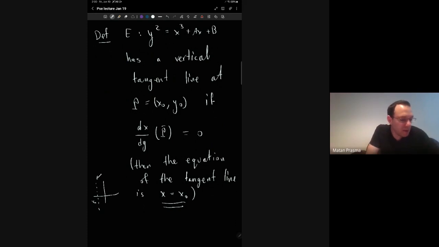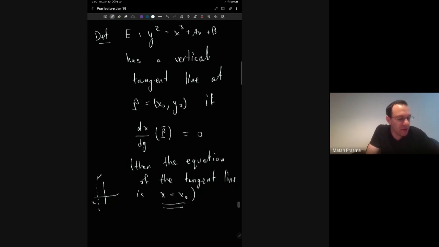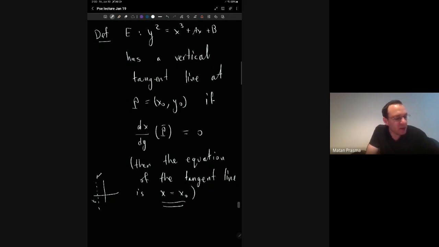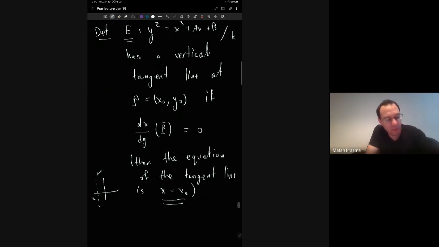I mean, this is how we check if a vertical tangent line exists to an elliptic curve over an arbitrary field. Is this clear? All right.